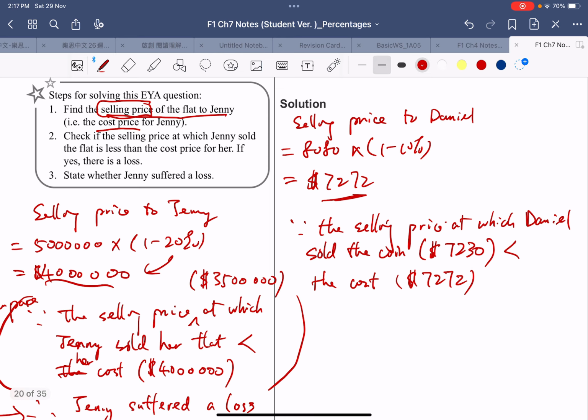It is less than. That means you can write down the conclusion now.